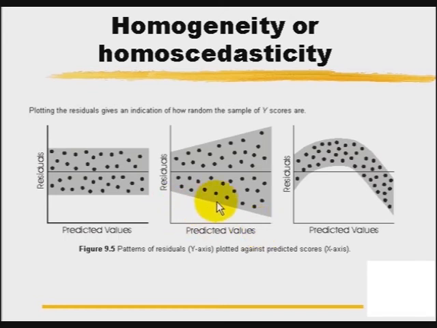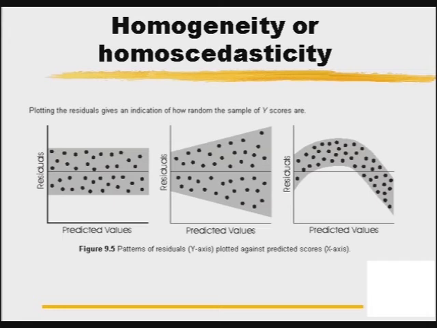The standard deviation for each value of x is not the same. Here, these lines are horizontal to the predicted value. They do not go up or down. It remains horizontal. Here, it continues to go up or it goes down. So it is not the same at each value of x.